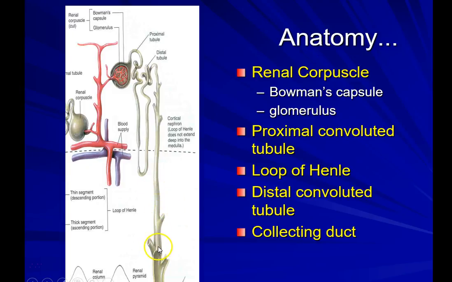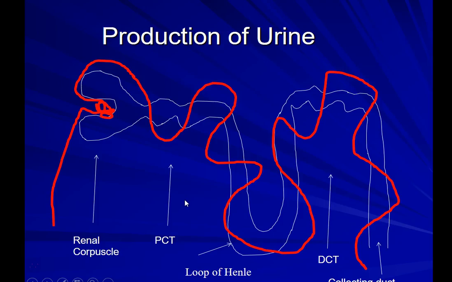Whatever's in there then is what becomes urine and travels out through the ureters. Okay, this is a very simple drawing of a nephron. So this is the renal corpuscle with the glomerulus here, the blood, and the Bowman's capsule. You have the proximal convoluted tubule, the loop of Henle, the distal convoluted tubule, and the collecting duct.